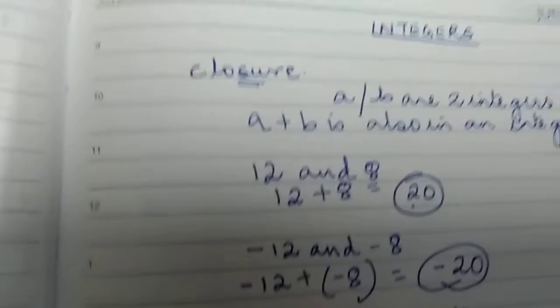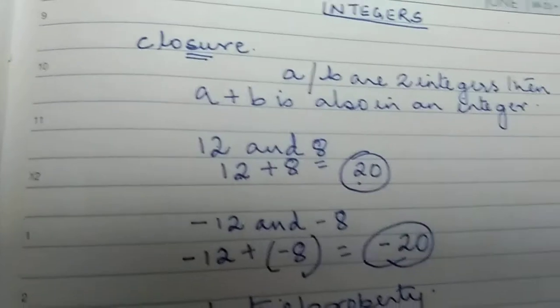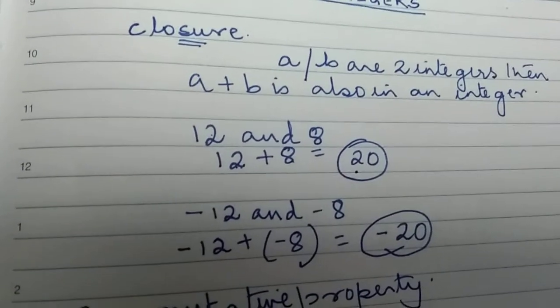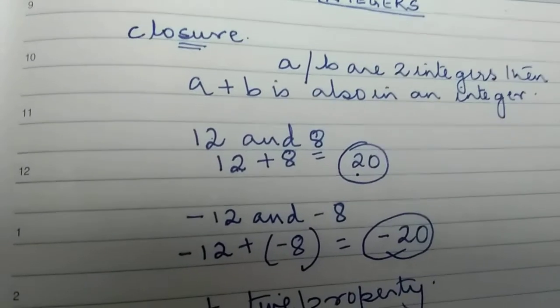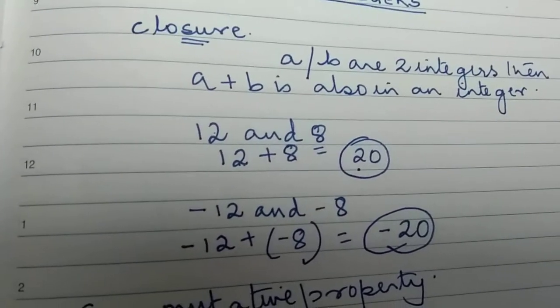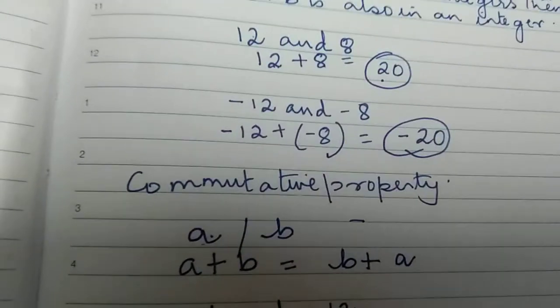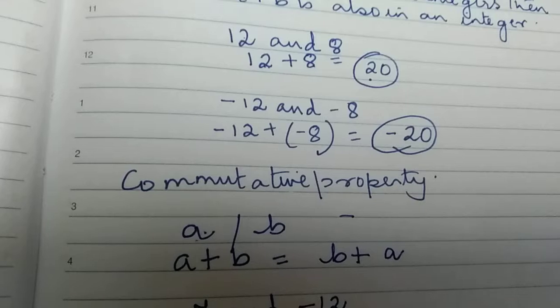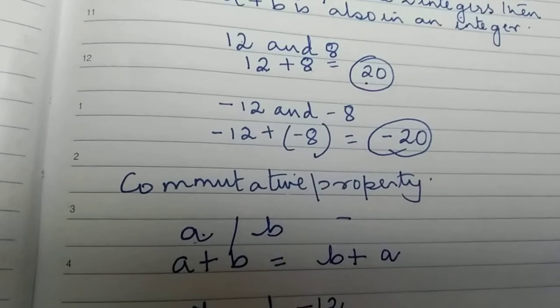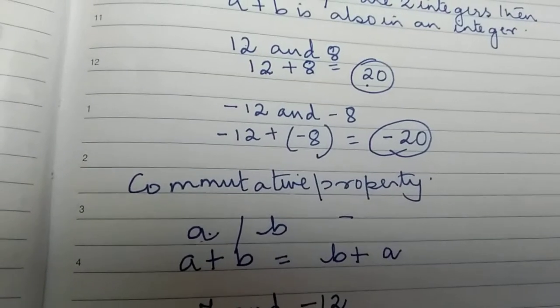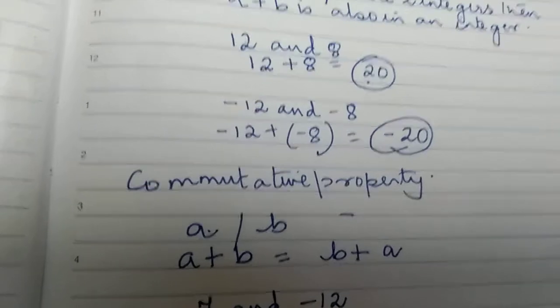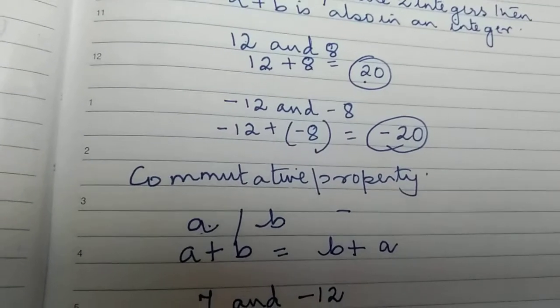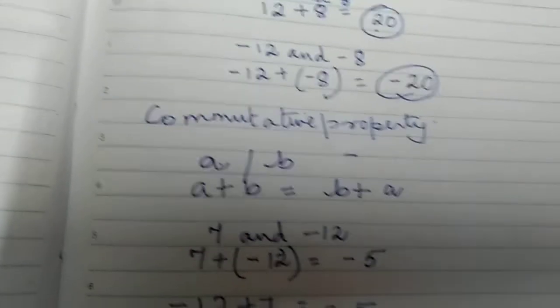So the three laws which I have first discussed are the closure law, which says that if a and b are two integers and we add them, a plus b, then the result will also be an integer. The commutative property says that if a and b are two integers and I add up a plus b, the result will be equal to b plus a.